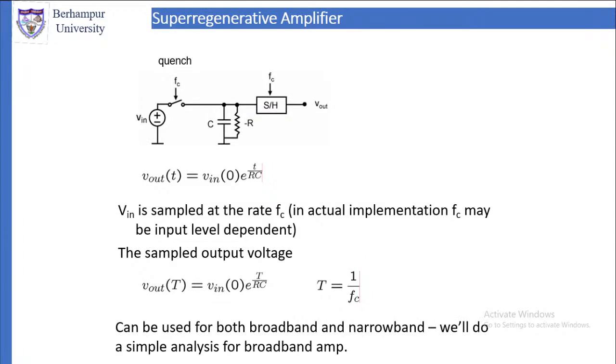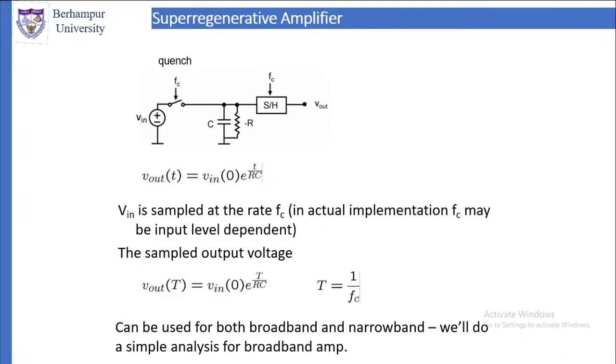Then we will consider something called the super regenerative amplifier. Regeneration is there. Look at this circuit. In this circuit, we are giving an input Vin through a switch, which is switching with a frequency Fc, that is called quenching.